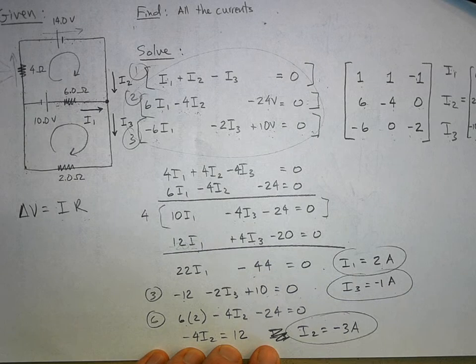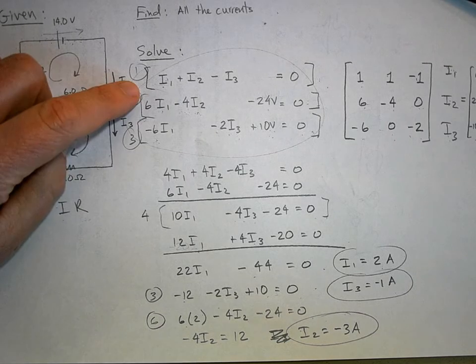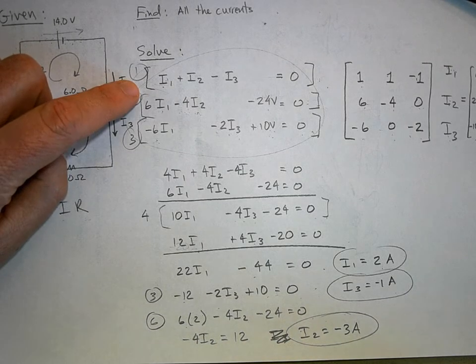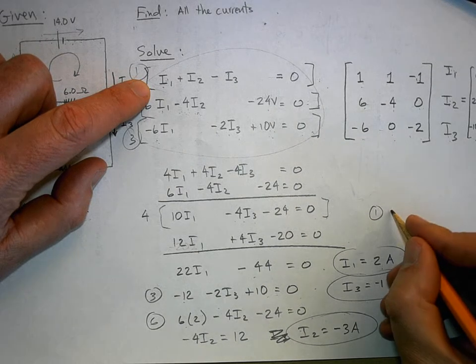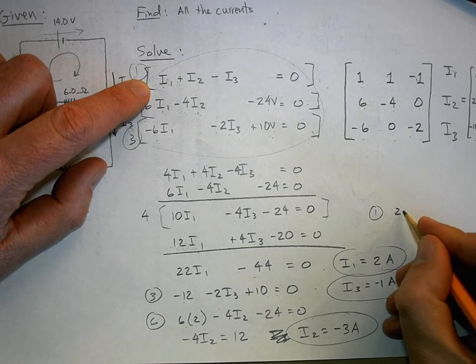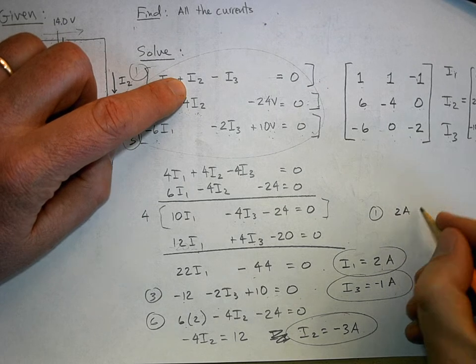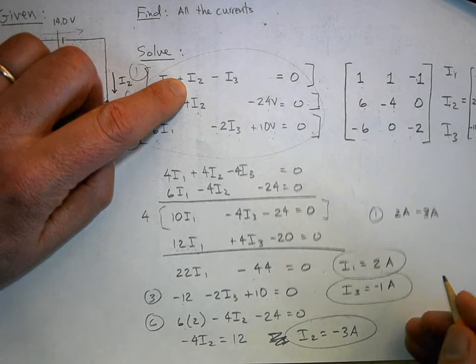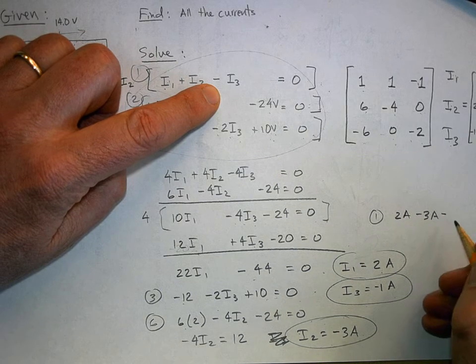Now, I can test to see if I'm correct by using equation 1. Let's see. I've got 2 amps, so let's look at equation 1. I've got 2 amps minus 3 amps minus, and then I3 is negative 1 amp.